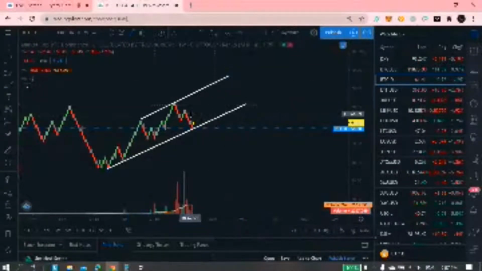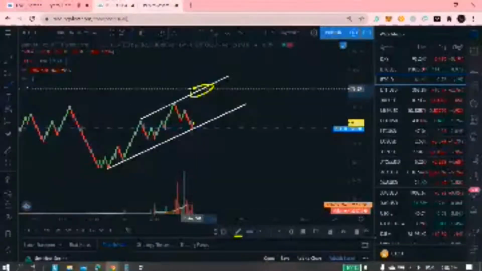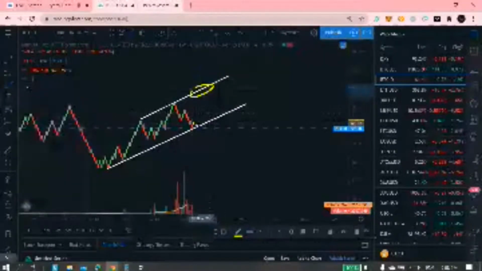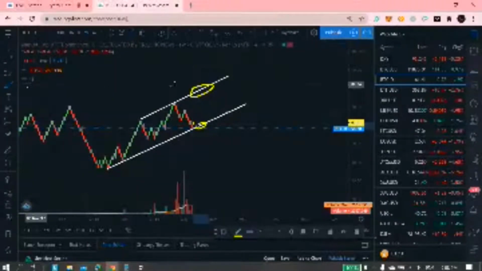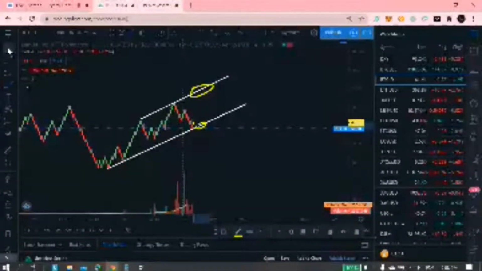So possibly it will retest this area. This is the strong resistance I'm looking at, of course this resistance area here, and it's already near support. I think it's more of a bullish sign if you use the weekly time frame. So possibly it will go back to around the 70% area. That might not be good for the altcoins if it goes back to this 70% dominance.